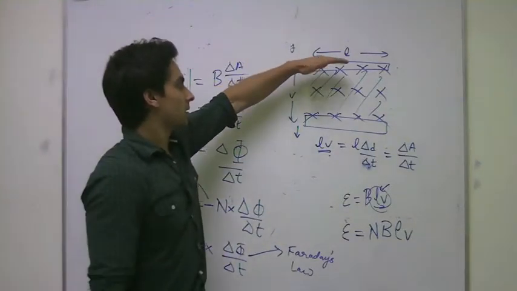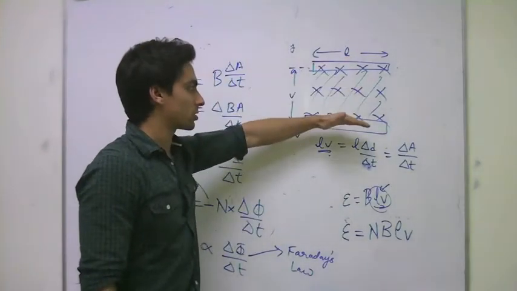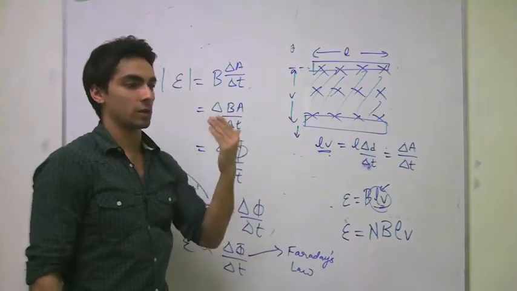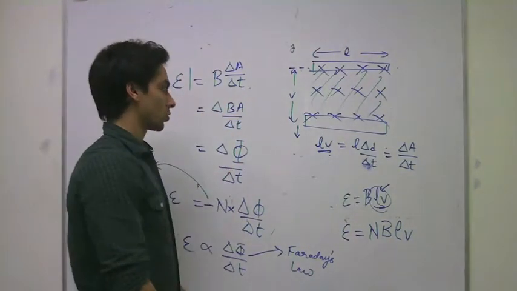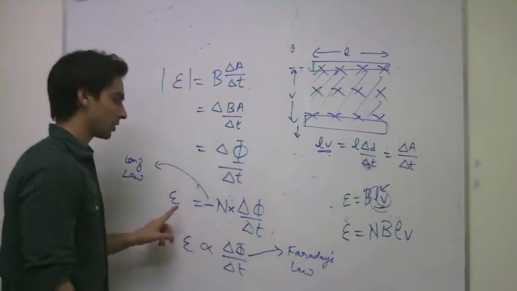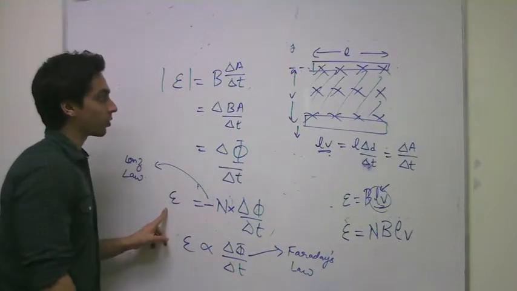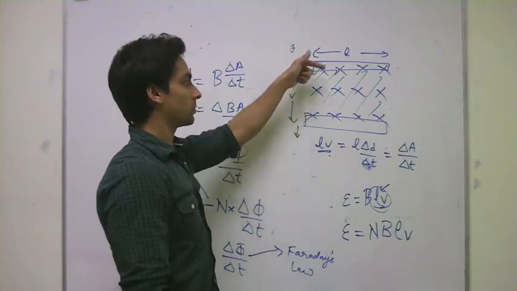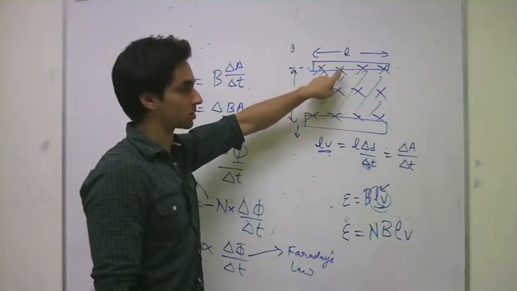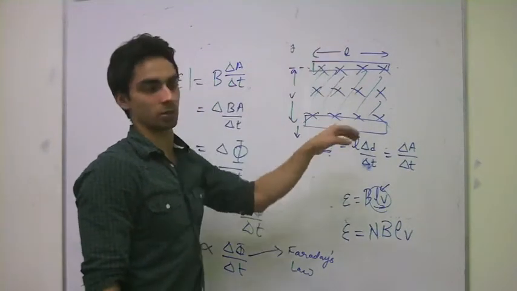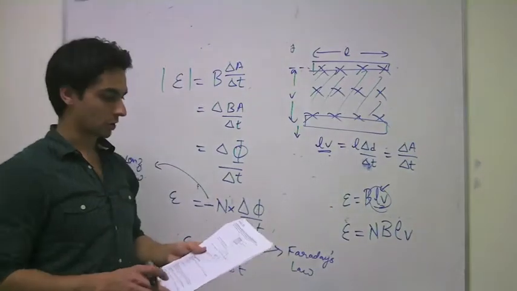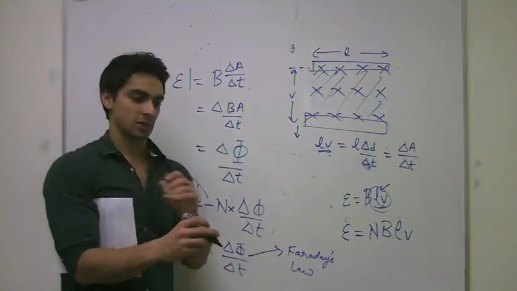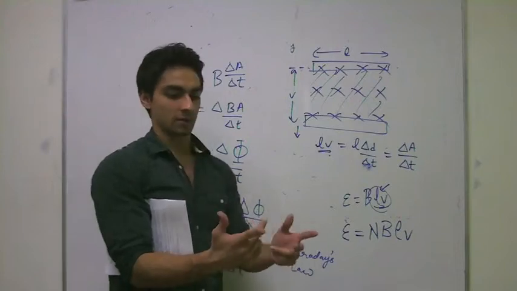What that means is, whenever a conductor is moving across a magnetic field, it is going to feel a resistive force. Okay, so the EMF will cause a current to flow through the conductor, and since there is a current flowing through it, there will be a force on it, and that force will be in the opposite direction to the direction of motion. Okay, so this can also be seen from your left hand rule and right hand rule.